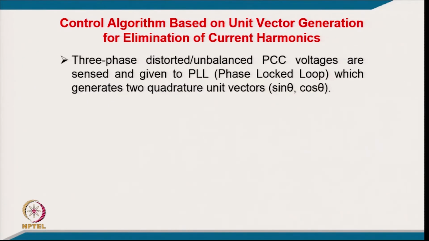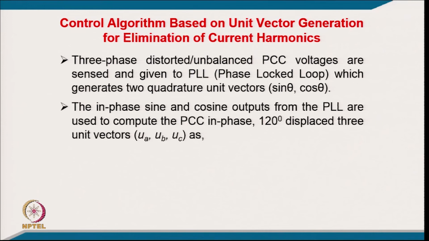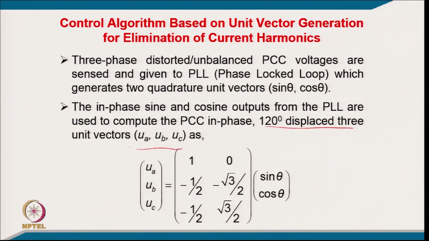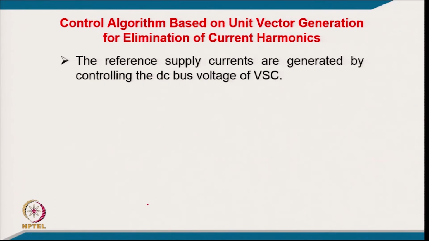The 3-phase distorted unbalanced PCC voltages are given to the PLL, which generates the 2 quadrature unit vectors sin theta and cosine theta, and the in-phase sin and cosine outputs from the PLL are used to compute the PCC in-phase 120 degree displaced 3-phase unit vectors UA, UB, UC, in phase with the voltage. This is how we get the 3-phase template from sin theta and cosine theta using this relation.